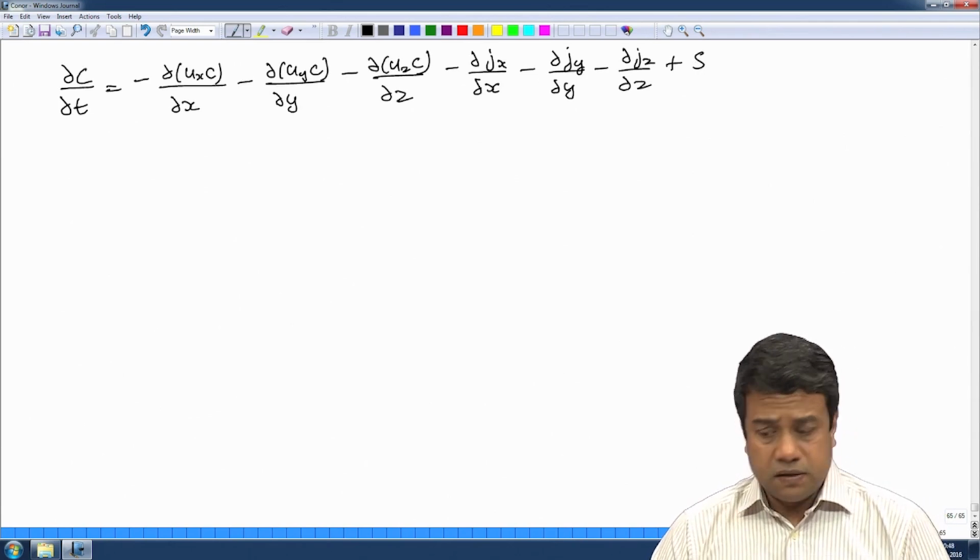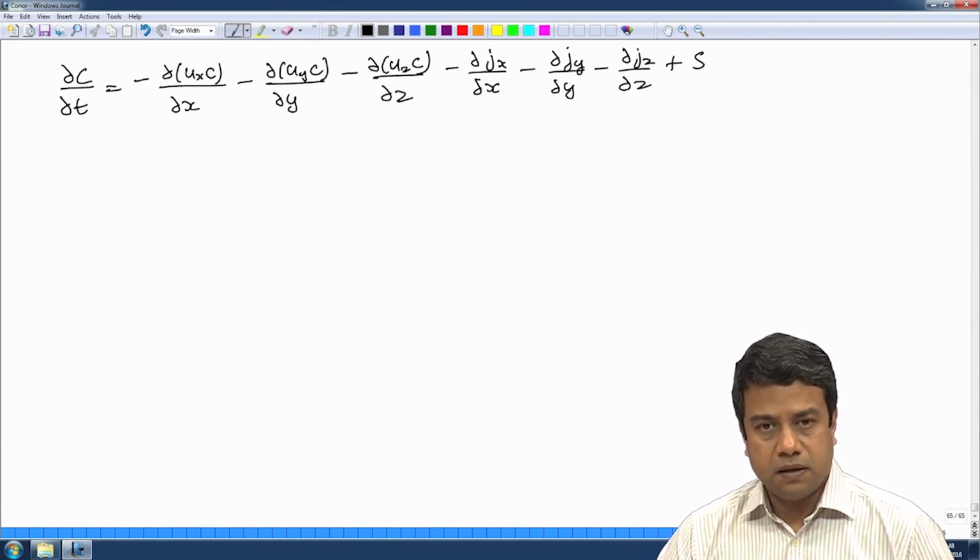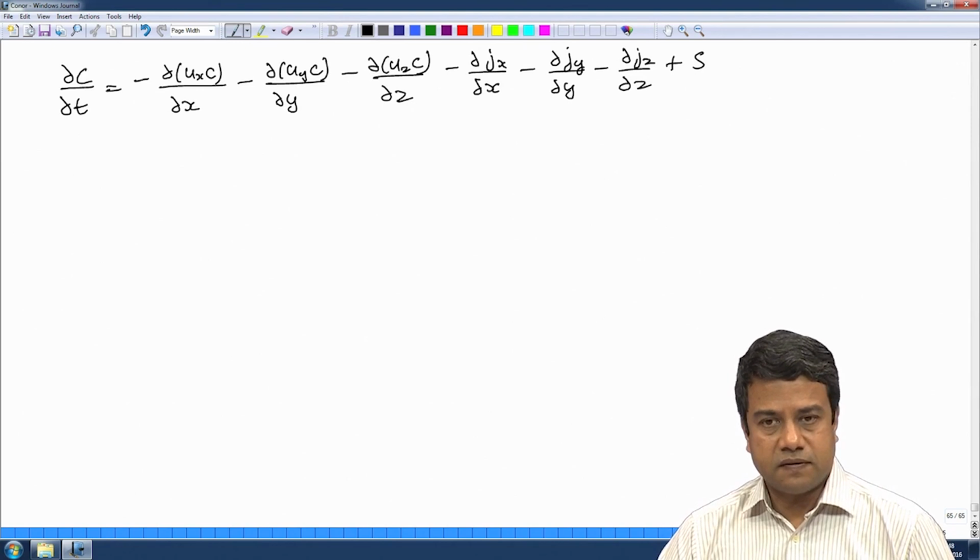And it is conventional to write the convective terms on the left side of the equation and the diffusive terms on the right side of the equation.